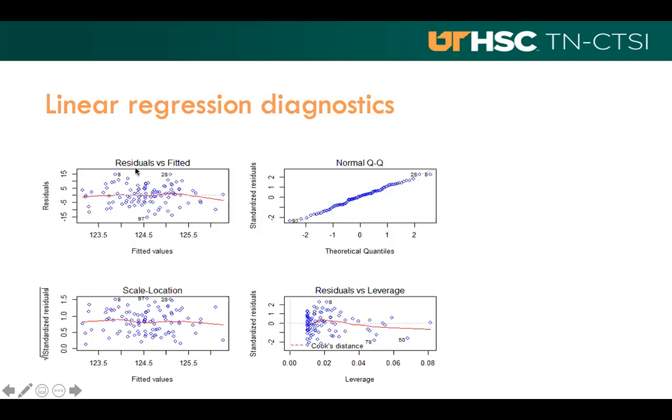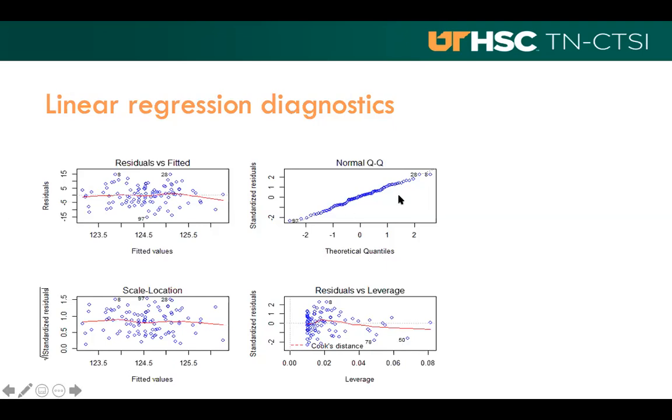Again, if there is curvature, the assumption of independent observations is violated. So the plot of predicted or fitted values versus the residuals helps us to examine whether the linearity assumption is met, whether the independence assumption is met.